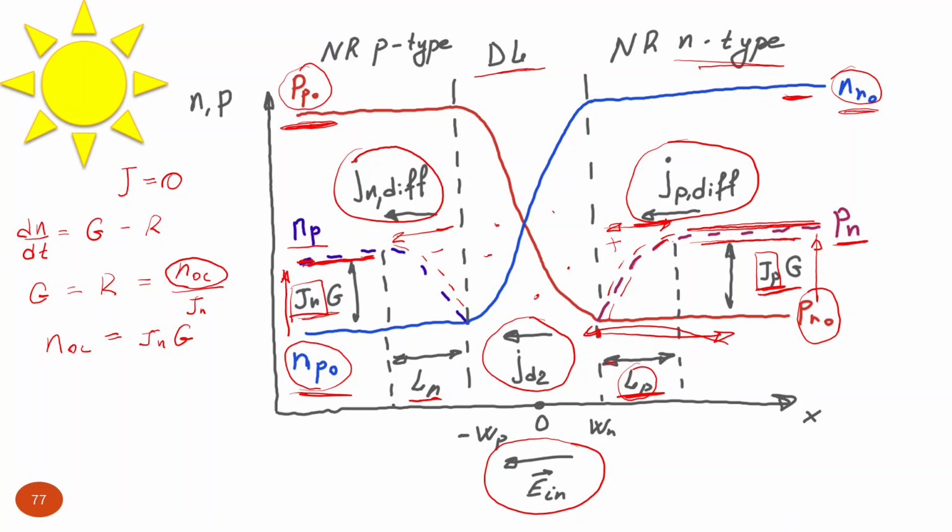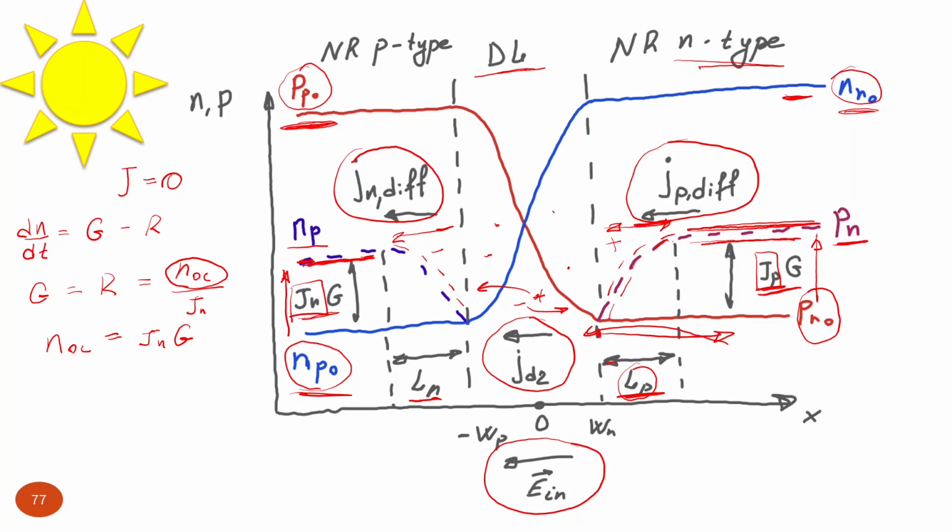So it also absorbs light and we can generate electron-hole pairs. If we create here this electron-hole pair, then this internal electric field will very efficiently separate them and contribute to the photocurrent as a drift current within the depletion region. So we have three contributions.